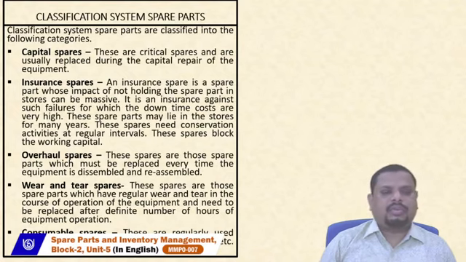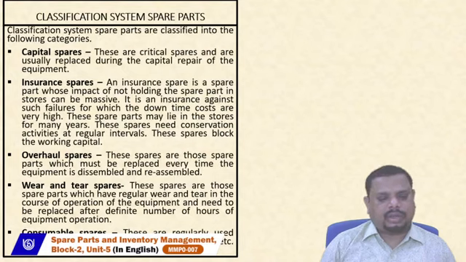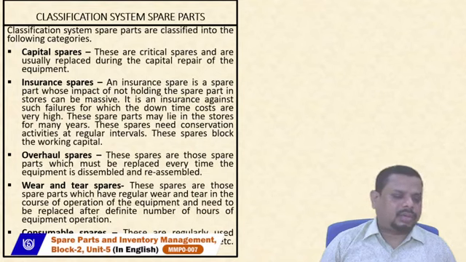The next one we have is wear and tear spares. These are spare parts which have regular wear and tear in the course of operation of the equipment and need to be replaced after a definite number of hours of equipment operation. For example, conveyor belts, belts of belt drives, belts of motors, belts of gearboxes.